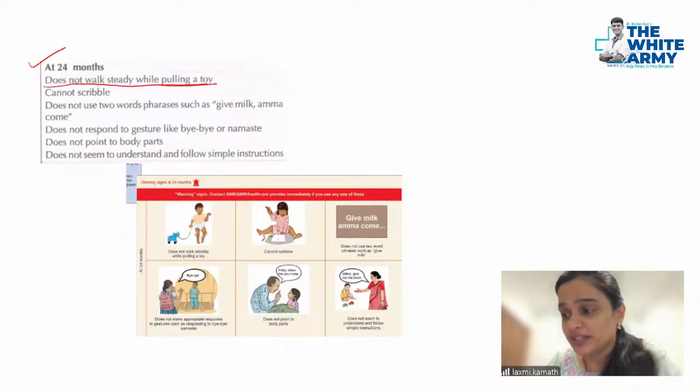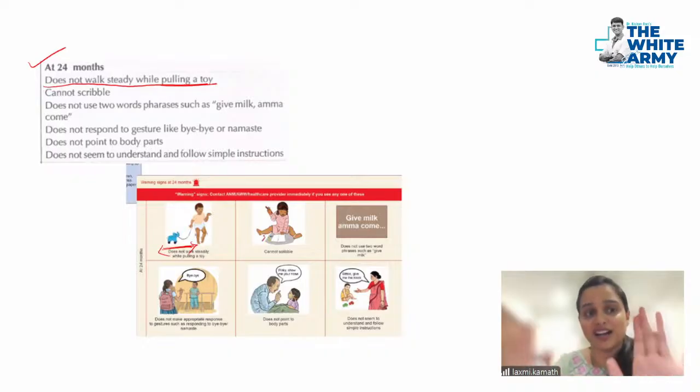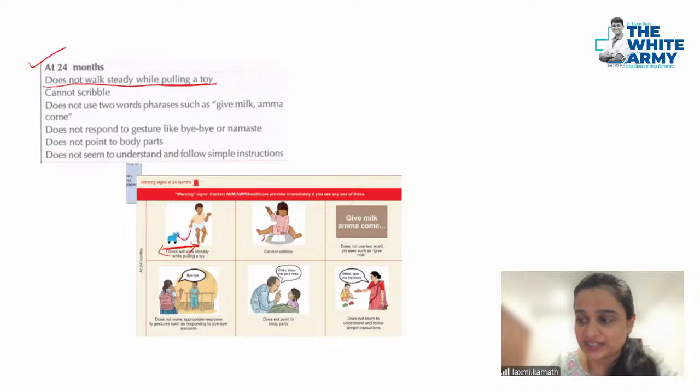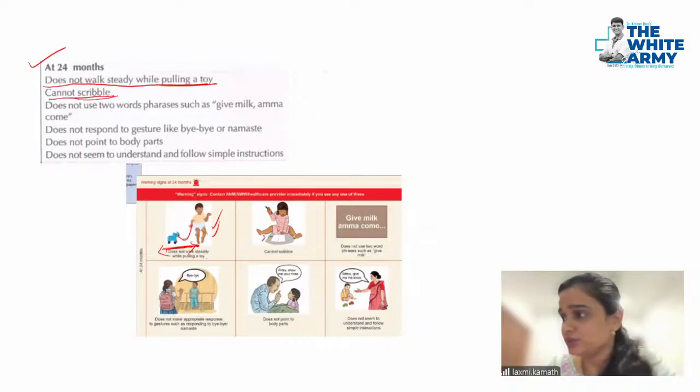The pulling game starts by almost 18 months, and the pushing game starts a little later, by 2.5 years. The child will be pushing cars, whereas pulling comes early because it is very easy. They just tie a thread and let the toy be pulled. So if the child is unable to walk while pulling the toy, that means the child also has difficulty in coordination.